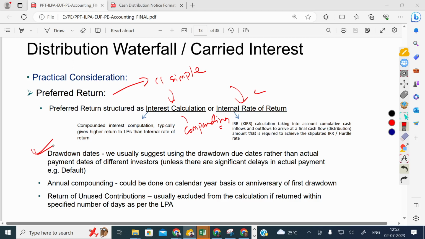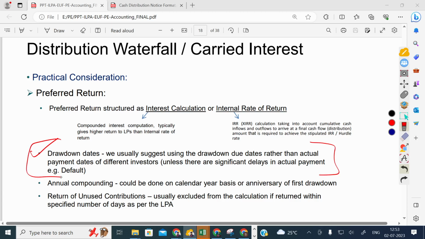But if you see delay in payment, the drawdown date is your payment date, but you would see delays as well. So if you see delays, then you need to do accounting accordingly.